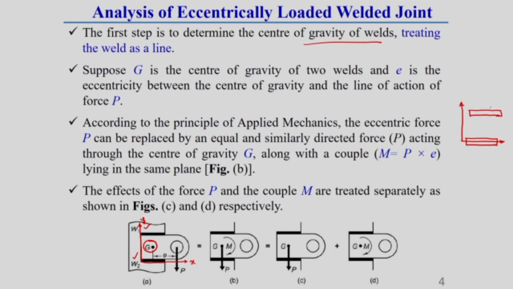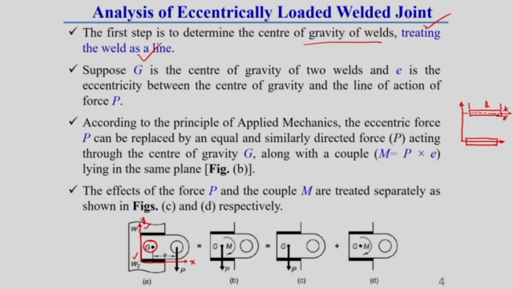This weld length is given. Generally, to find out the CG, we can consider the weld thickness as unity. That is why the weld is treated as a line. This is one assumption.